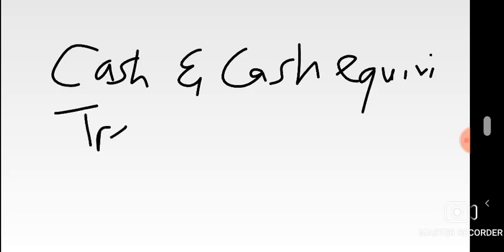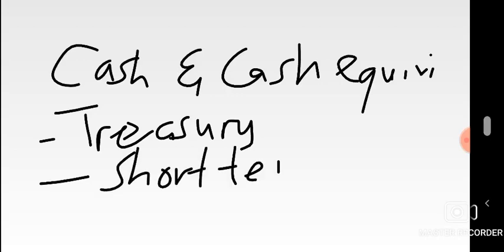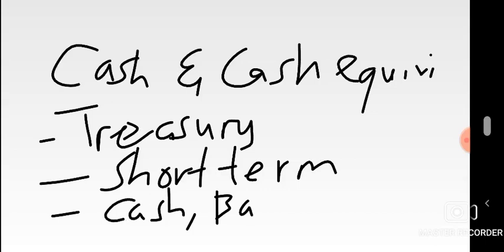Treasury bills. What else? We have short-term investments. Then we have cash itself, bank, and the overdraft, the bank overdraft.